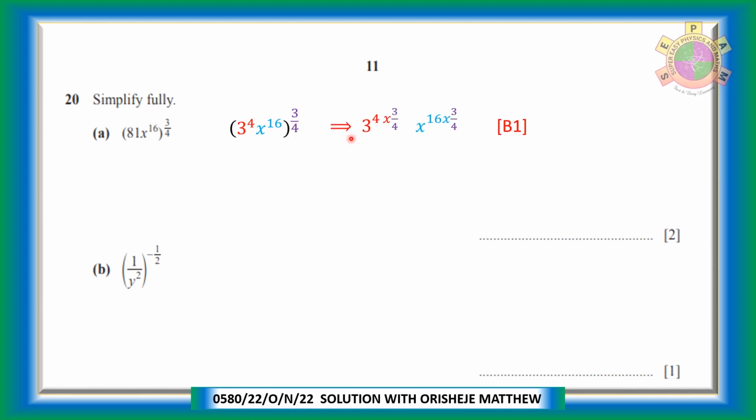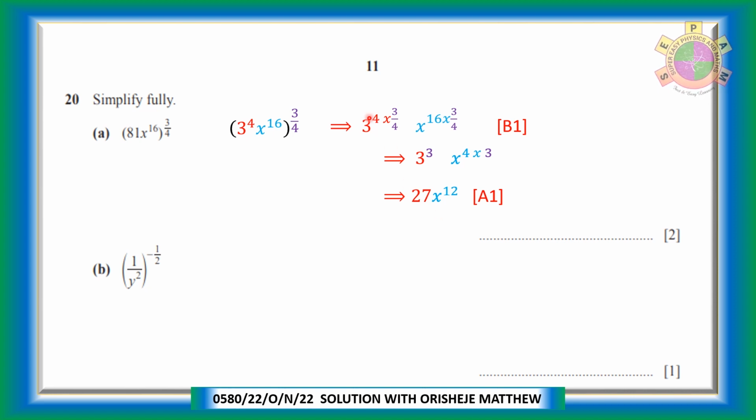So open up the bracket, multiply each of the terms by 3 over 4. So 4 cancels 4, we are left with 3 raised to power 3. Then 4 divides 16 to give 4. 4 times 3, that is x raised to power 12.